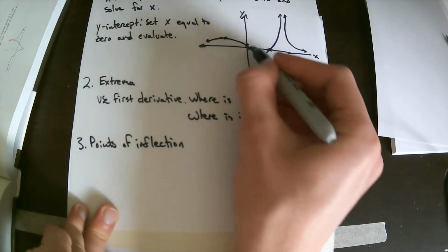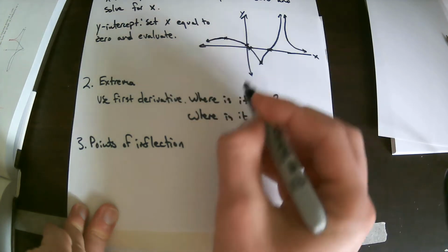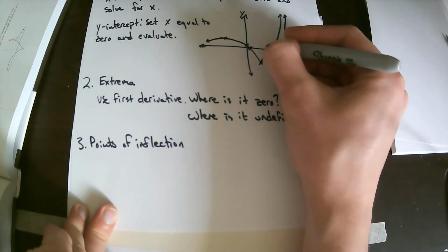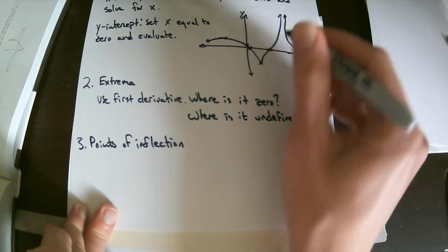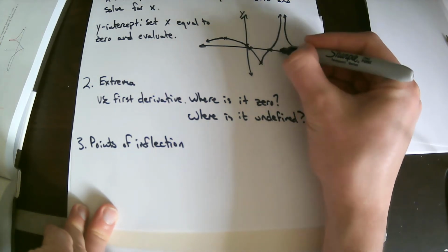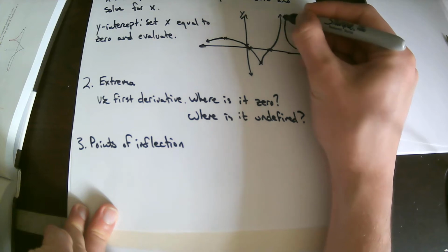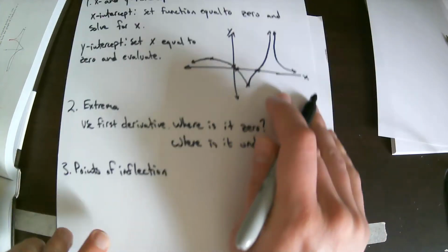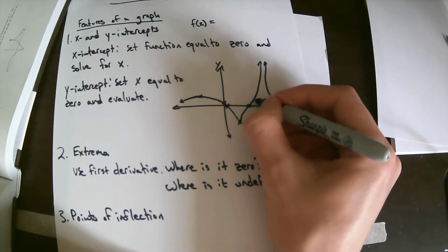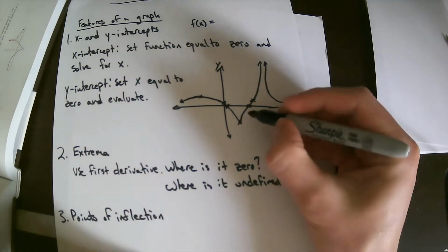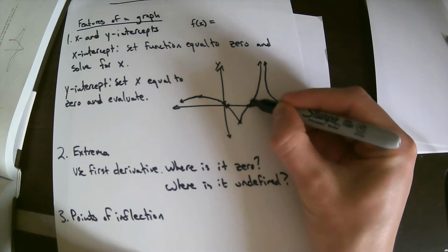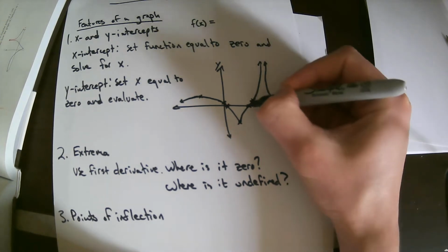But mine is pretty much concave down here. But I do have one over here, right near this x-intercept, where my graph is concave down, but then it starts to be concave up. I would say it's not quite at that x-intercept, it's right about there, where the graph goes from having a downward trend to an upward trend.